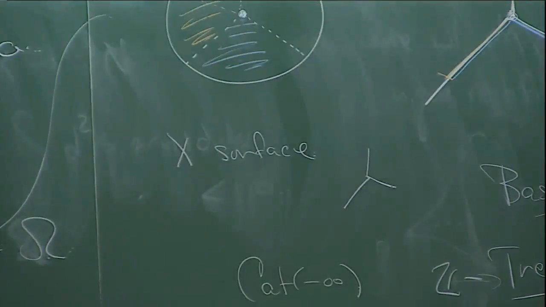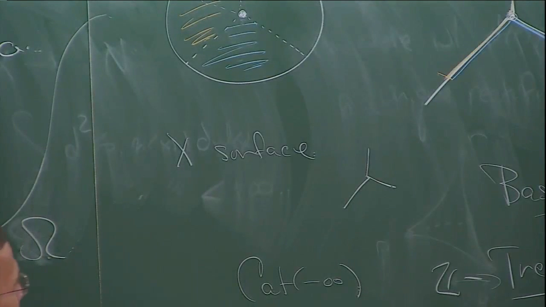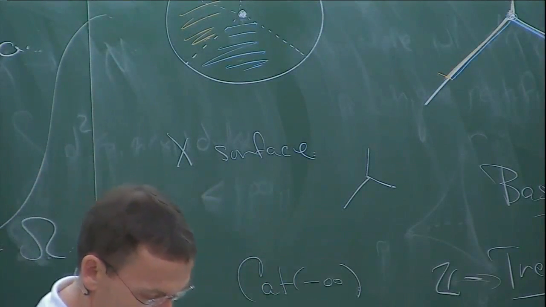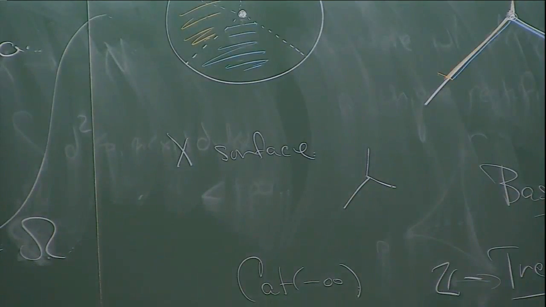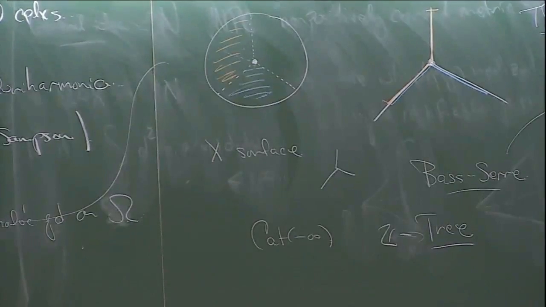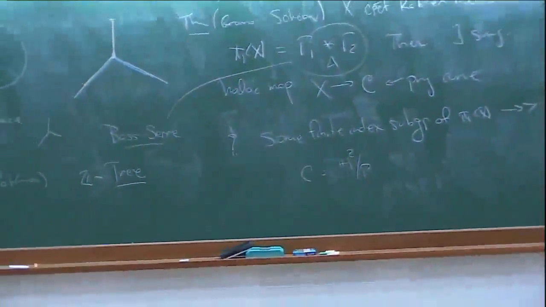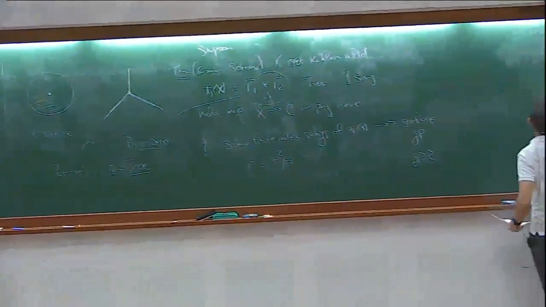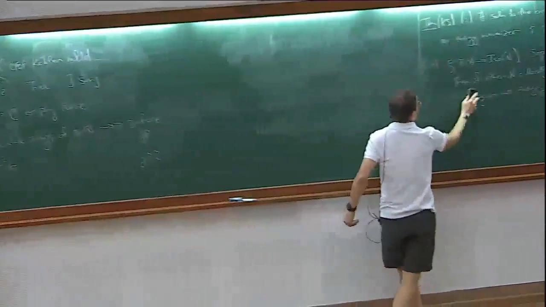So that's a little bit funny. A tree is either flat or it's got curvature minus infinity. And actually, for our purposes, the curvature is minus infinity. So, okay, trees had come up previously to this as well, in the context of character varieties. So that's the next topic.